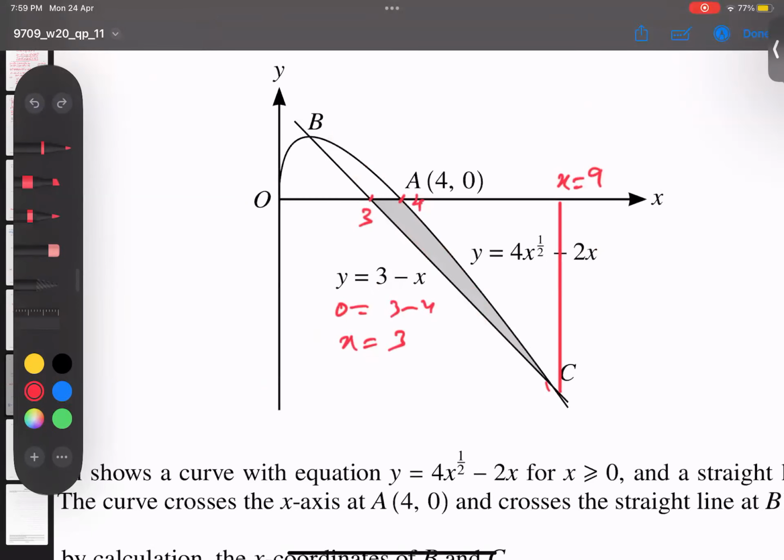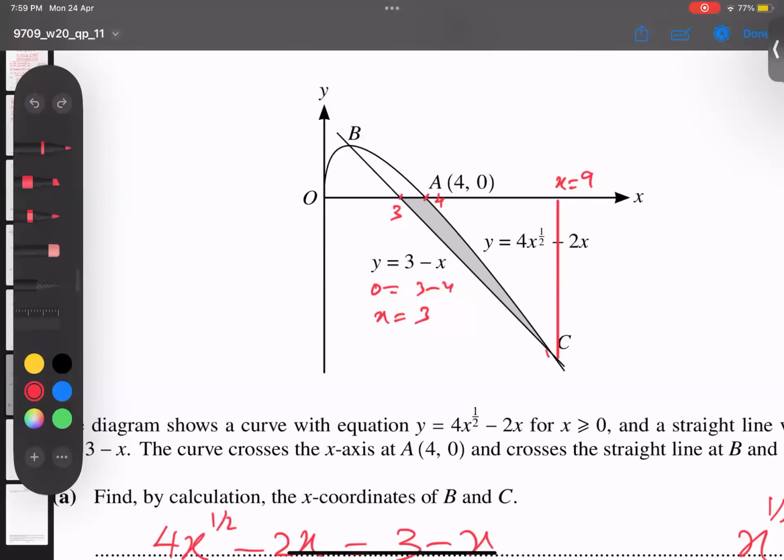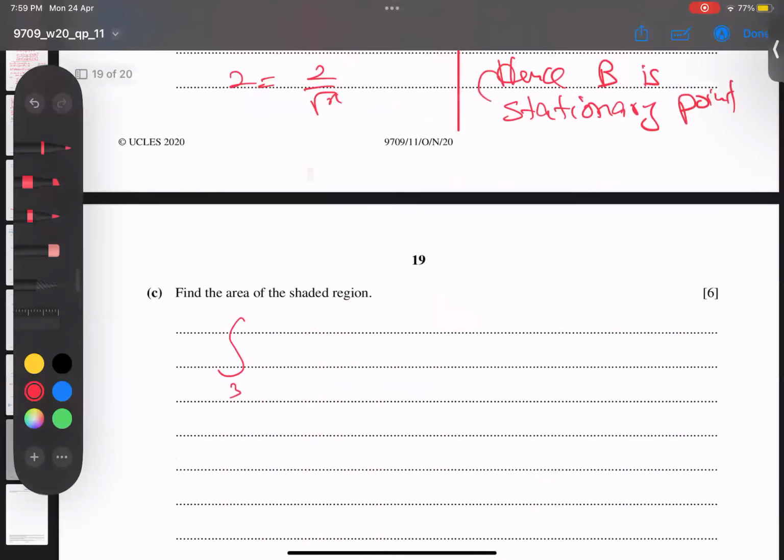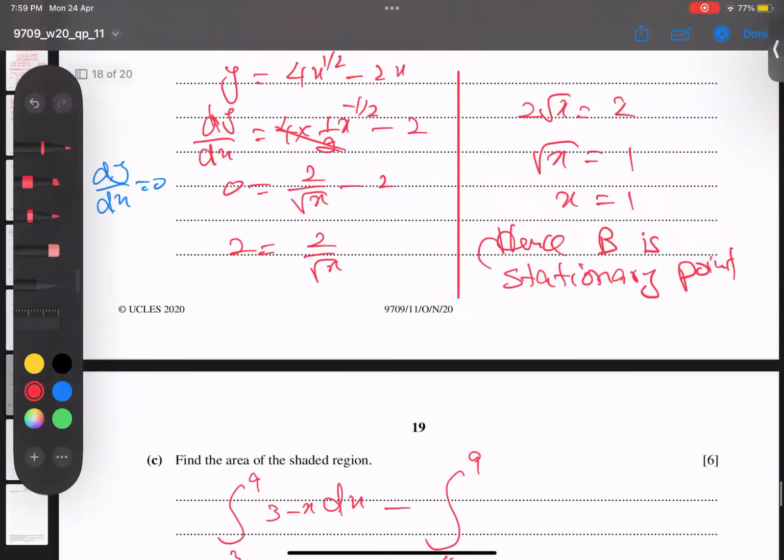So let's start. First of all, 3 to 9 line integration, 3 minus x. And then I'm integrating the curve from 4 to 9. The curve equation we know: 4x to the power half minus 2x dx.